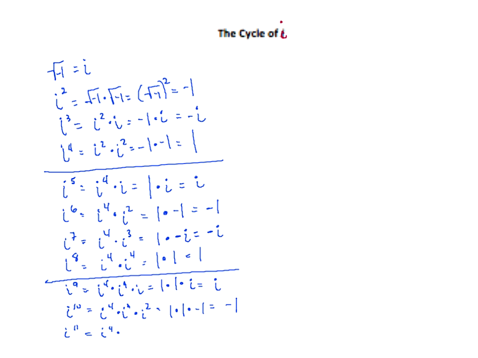i to the 11th is i to the fourth times i to the fourth times i cubed, 1 times 1 times -i is -i. I'm getting down towards the end here, and my handwriting is getting worse and worse as I go lower. i to the 12th is i to the fourth times i to the fourth times i to the fourth, which is 1 times 1 times 1, or 1.